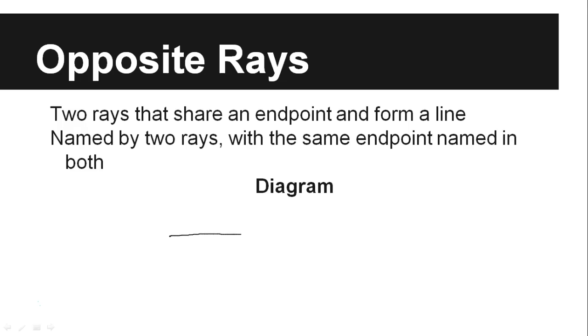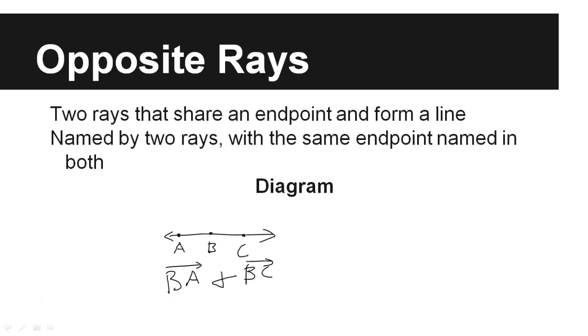So an example of opposite rays would be if I drew a straight line here and named this A, B, and C. You can see if I start at B and go to the left, I've got ray BA. And if I start in the middle and go to the right, I've got ray BC. They continue off in opposite directions and they share this endpoint B, and that's how B is the first letter in both of these. It's indicated there for us.